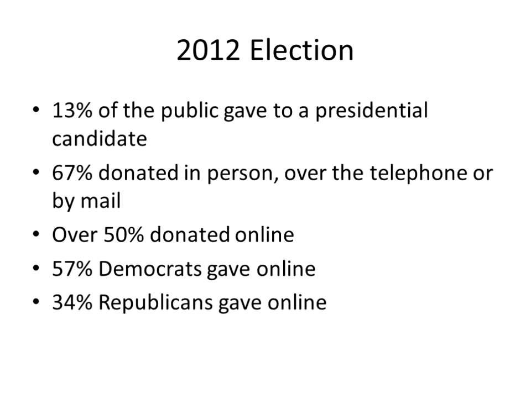So 13% gave to a presidential candidate. That's more than what we had listed when we talked about competing or participating in politics, Chapter 8. Of those people who gave, 67% donated in person, and you also had individuals donating by telephone or by mail, but a good portion of them donated in person.